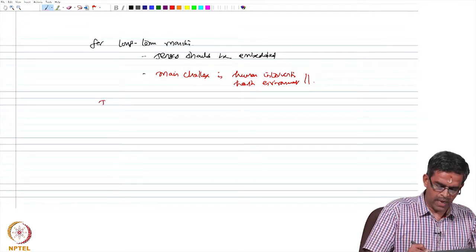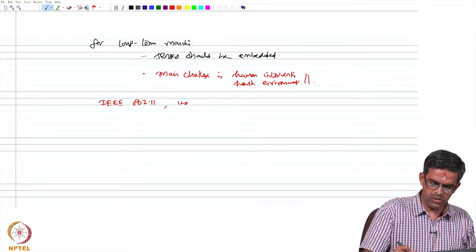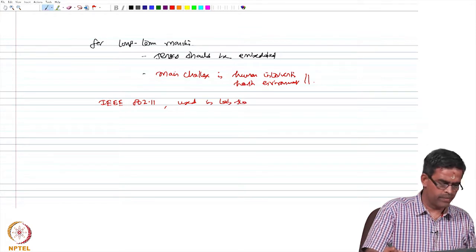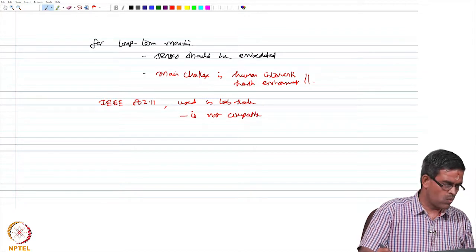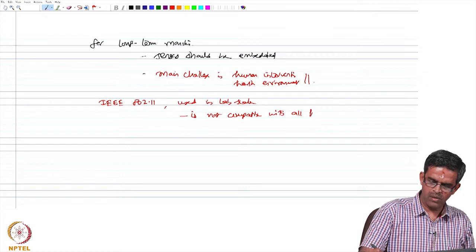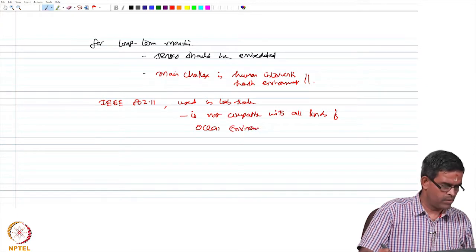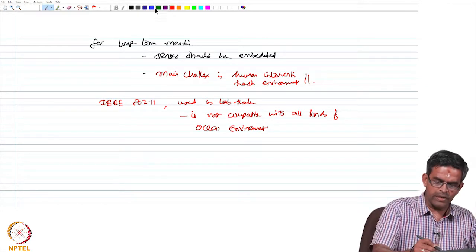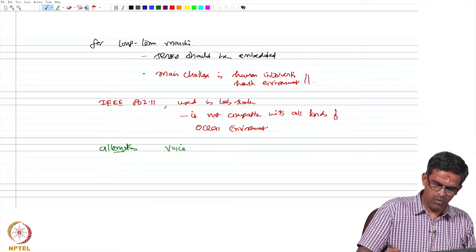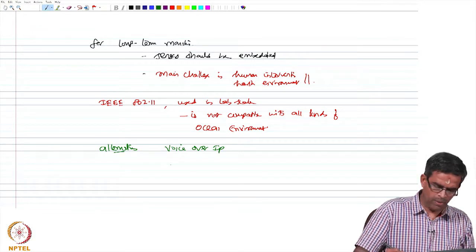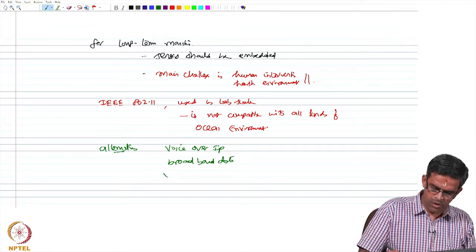Further, the IEEE protocol 802.11, which is used in the lab scale, is not compatible with all kinds of ocean environment. So, there are alternatives. Alternatives could be voice over IP, broadband data, and video communication services.